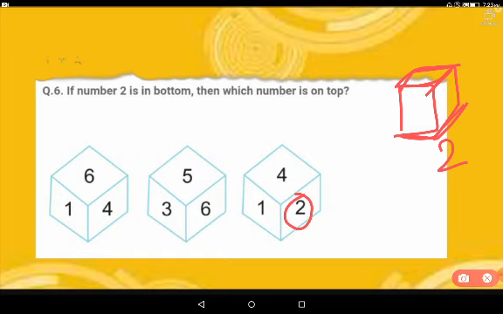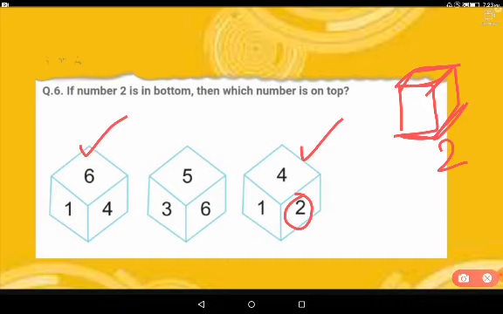Okay, so first of all, let us consider the figures having common elements. We need to find out what is opposite to 2. So let's consider the one with 2. So this, and yes, we can take the first figure too. Why? We have 4 or 1 common to both of the figures.